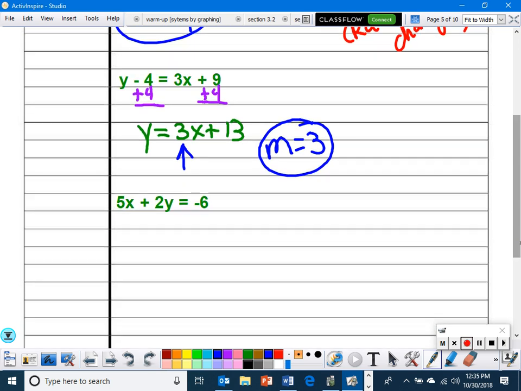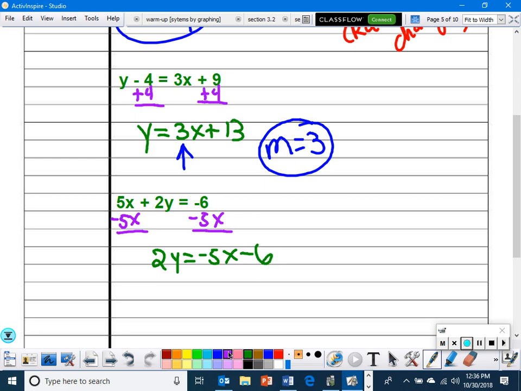Okay, this is why last week we were solving for y a lot. Because it's going to help us figure out what the slope is. So 2 steps. First, we got to subtract 5x. So 2y equals negative 5x minus 6.